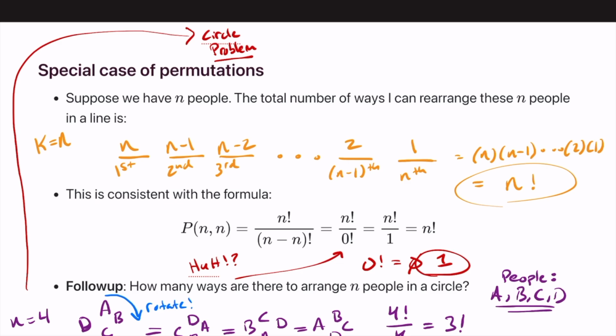So instead of rotating people around, let's assume that we have a fixed person. We have some sort of table with n seats, and there's one special seat, a seat at the head of this circular table. Think of King Arthur and the Knights of the Round Table. So this is the head of the table. So this is a fixed person.